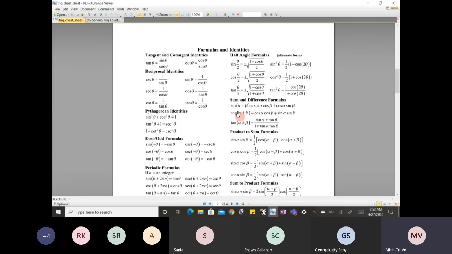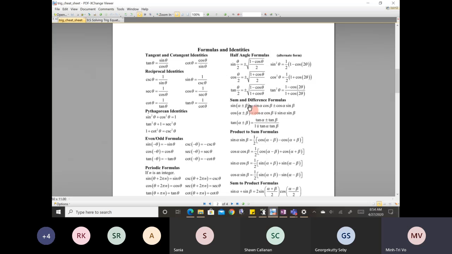So the formula for cosine of alpha plus beta is cosine alpha cosine beta minus sine alpha sine beta, and cosine of alpha minus beta is cosine alpha cosine beta plus sine alpha sine beta.